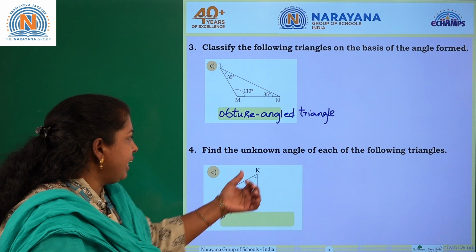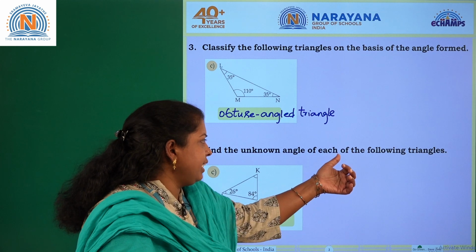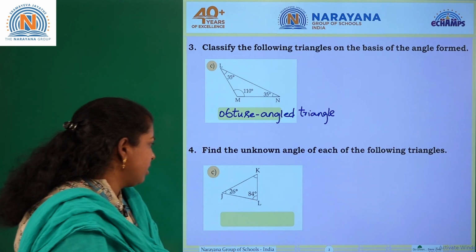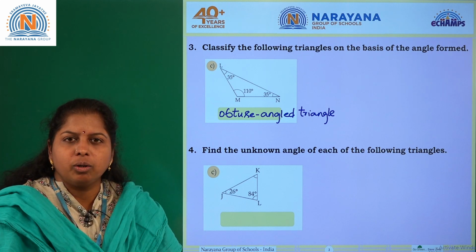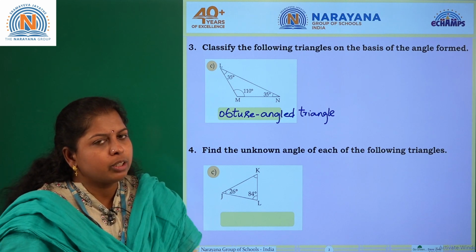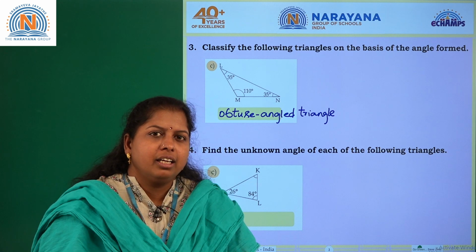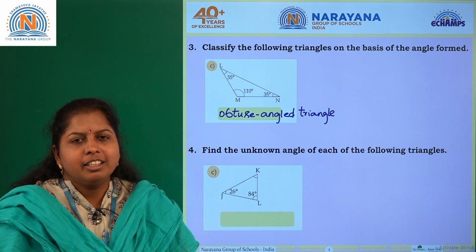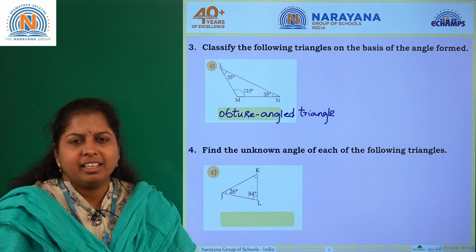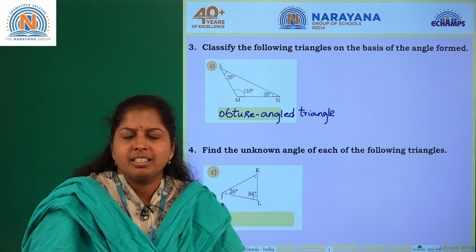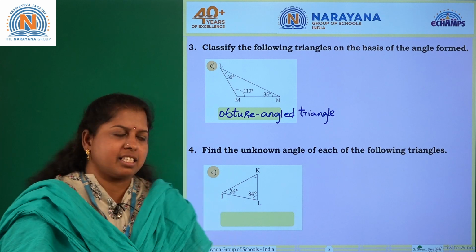Next one. Find the unknown angle of each of the following triangles. What is the unknown angle here? How will you find out the unknown angle? What do you know about the properties of a triangle? You have already learned that the sum of the three angles in a triangle is 180 degrees.